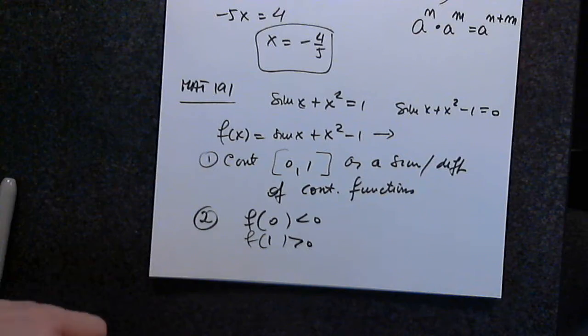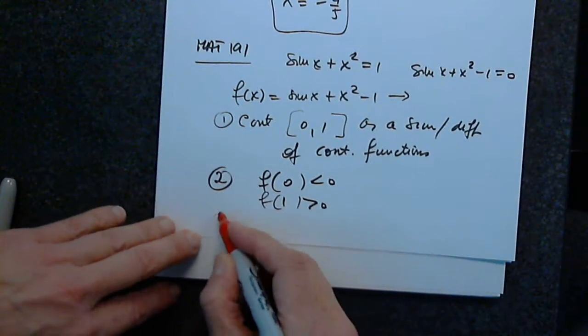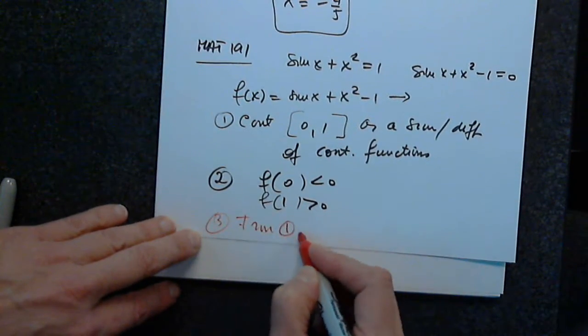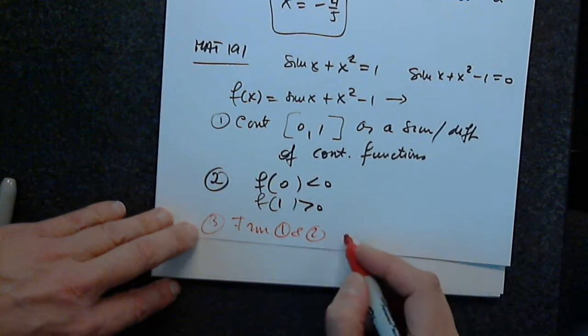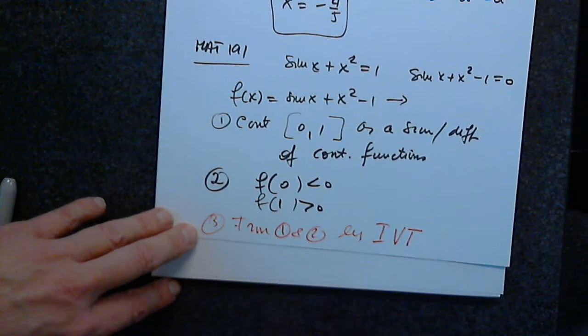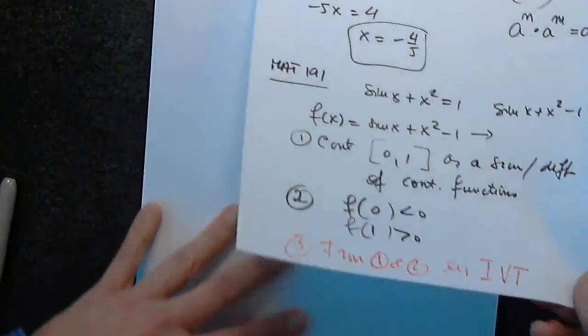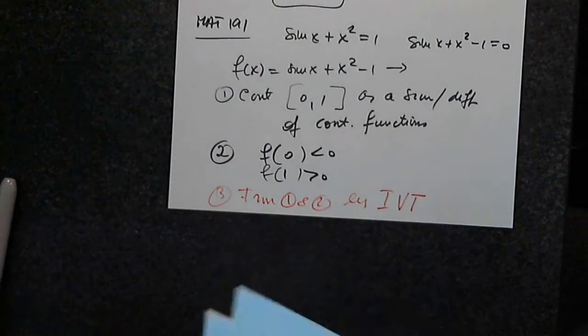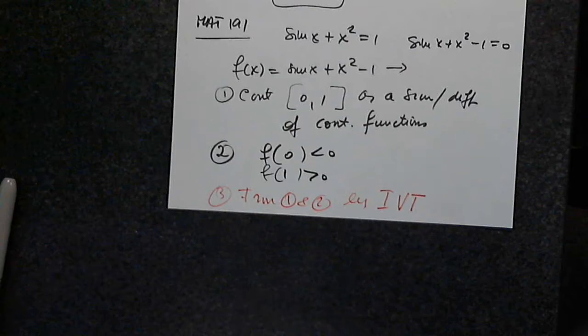Oh, yeah. So then I'll say number 3, from 1 and 2, by the intermediate value theorem, there exists a C between 0 and 1, such that f of C is 0. So there is a solution.